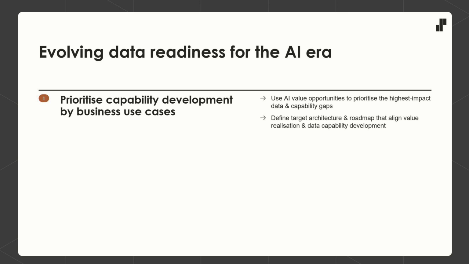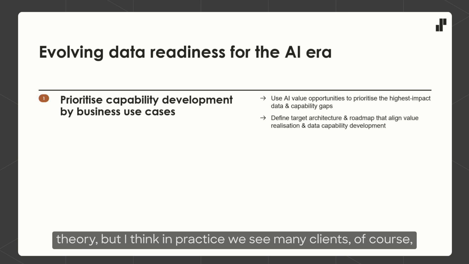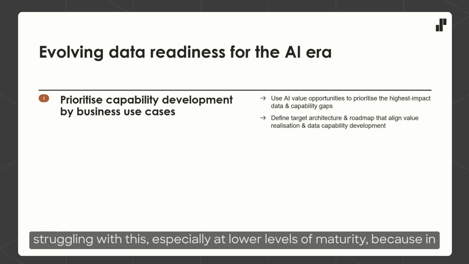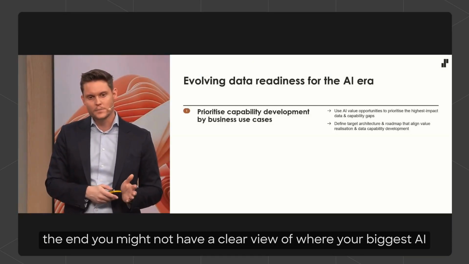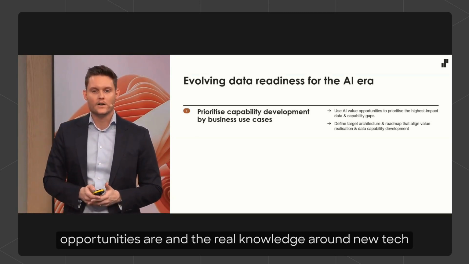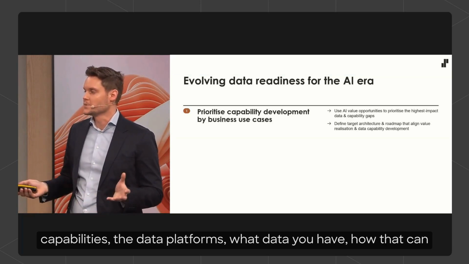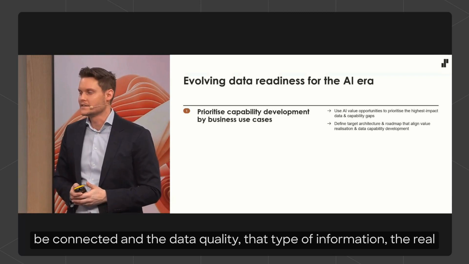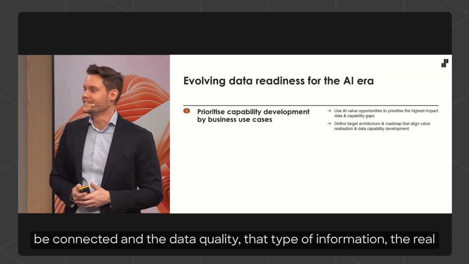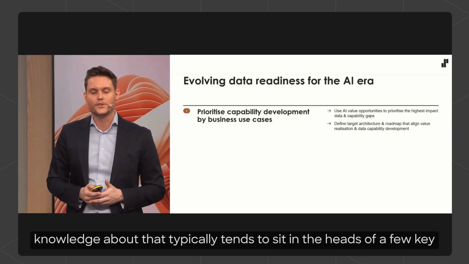And this is a quite common thing to say, and it's quite a simple thing to say in theory, but I think in practice, we see many clients struggling with this, especially at lower levels of maturity, because in the end, you might not have a clear view of where your biggest AI opportunities are, and the real knowledge around new tech capabilities, the data platforms, what data you have, how that can be connected, and the data quality, that type of information, the real knowledge about that typically tends to sit in the heads of a few key people.